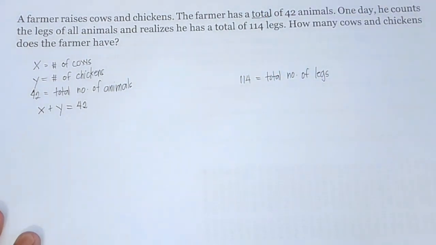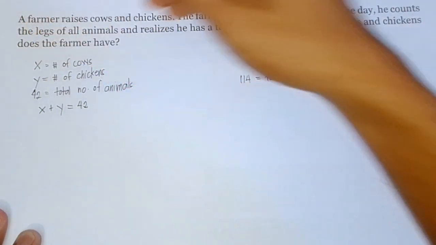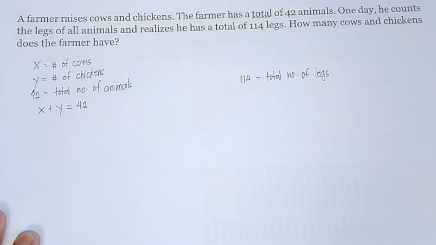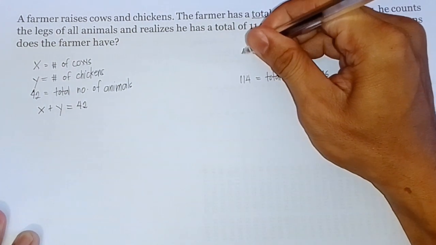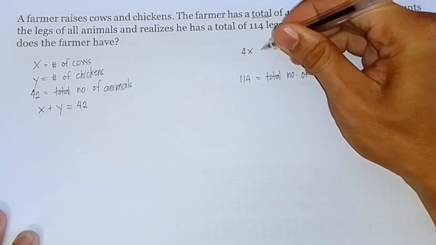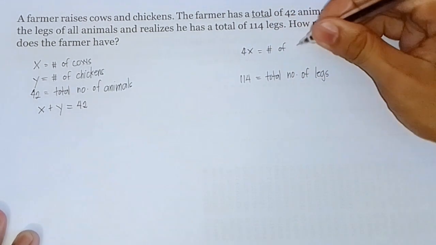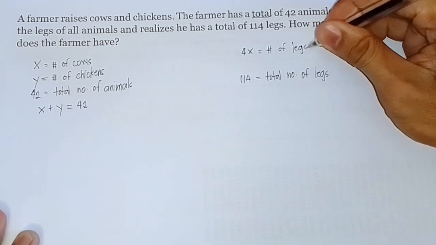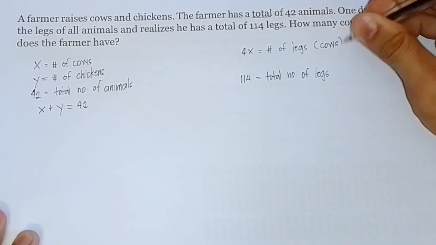So that would be 4 legs in a cow, or 4 legs times cows, since cows is represented by X, which is the variable. So that would be 4 times X, or 4X. So that would be the number of legs for the cows.